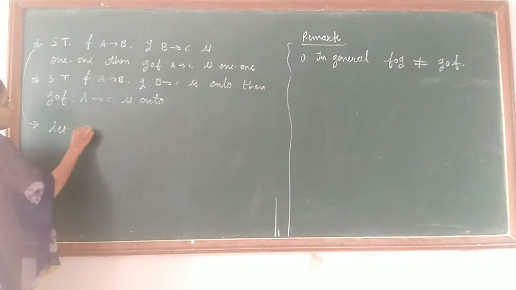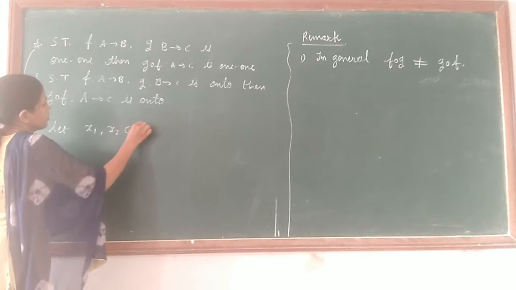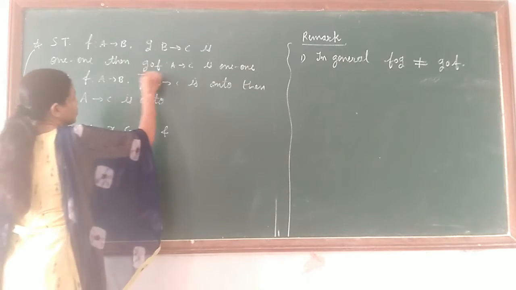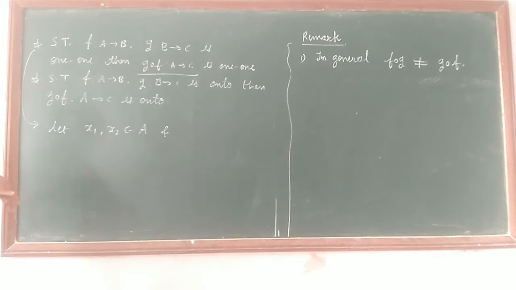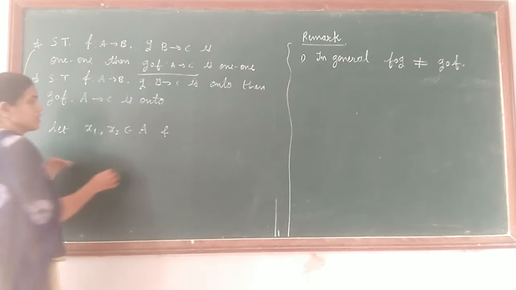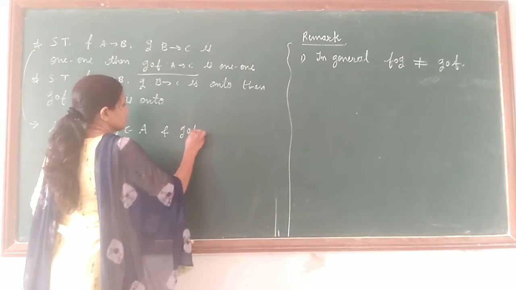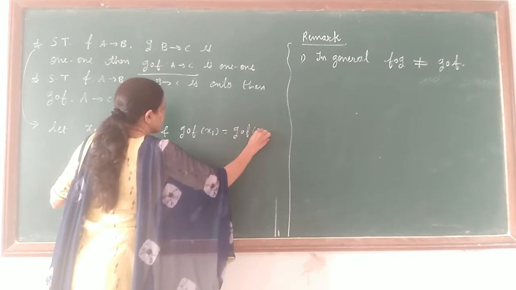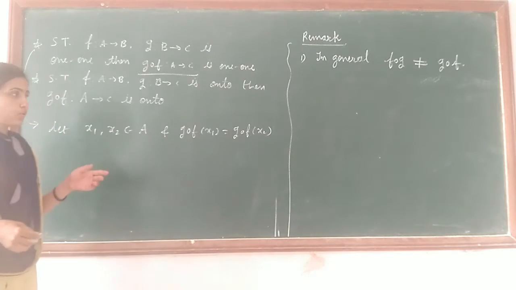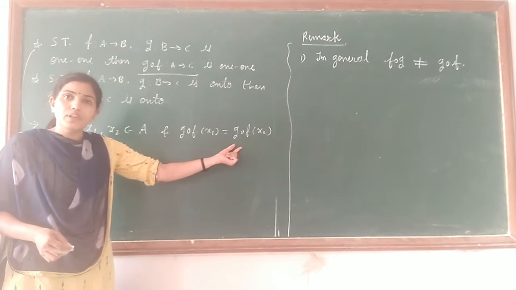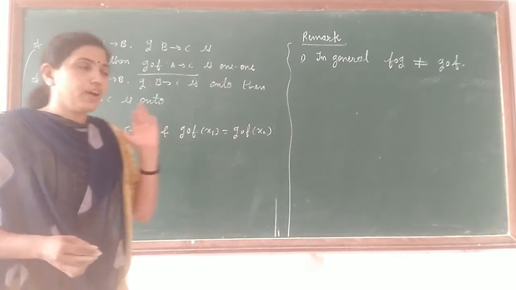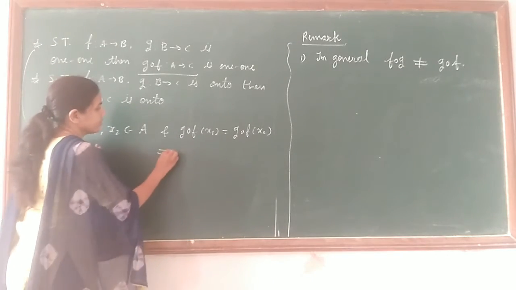Let x1 and x2 belong to A, and we have to prove that g of f from A to C, with g composed of f of x1 equal to g composed of f of x2, implies x1 equals x2. So let me start with it.